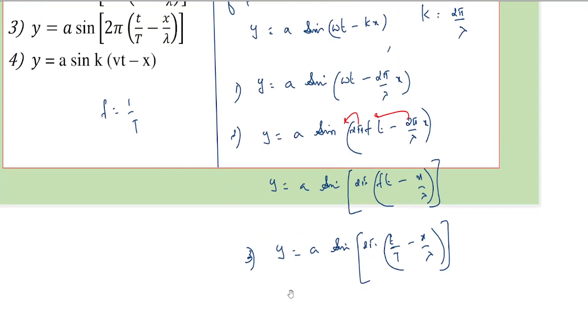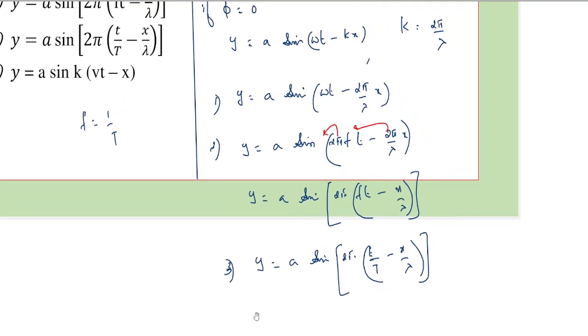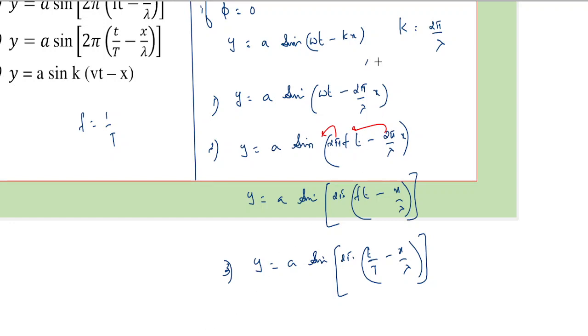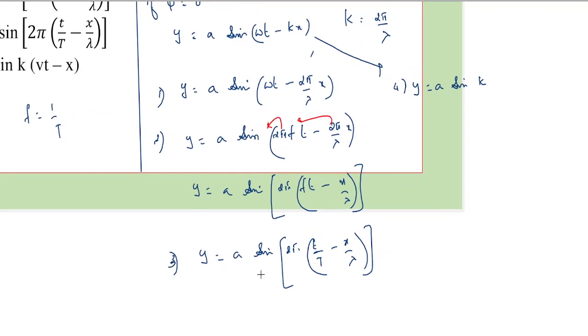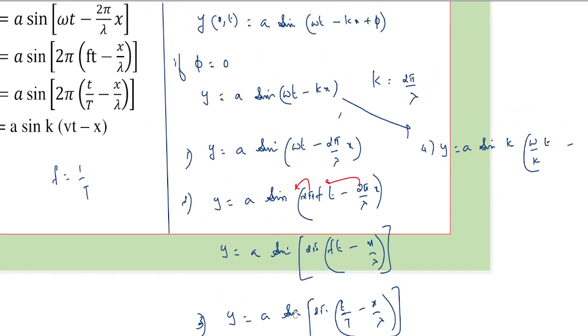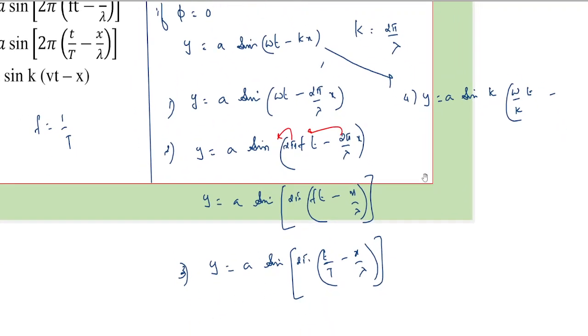We shall look at the first form itself. From the first form, if we pull k outside, then y is equal to a into sine of k into, what remains here is omega by k into t minus x.